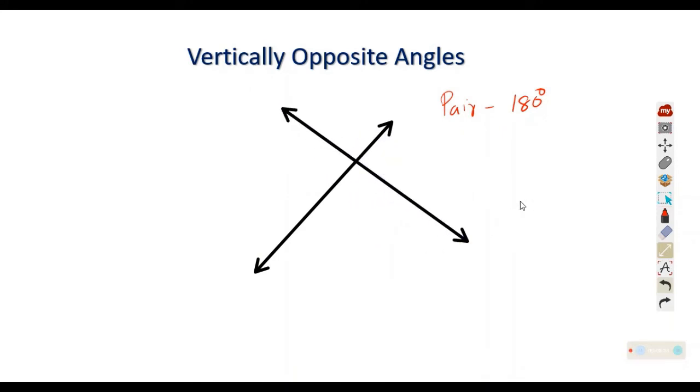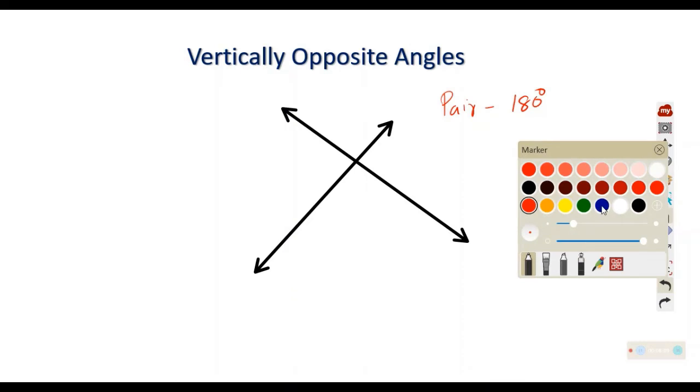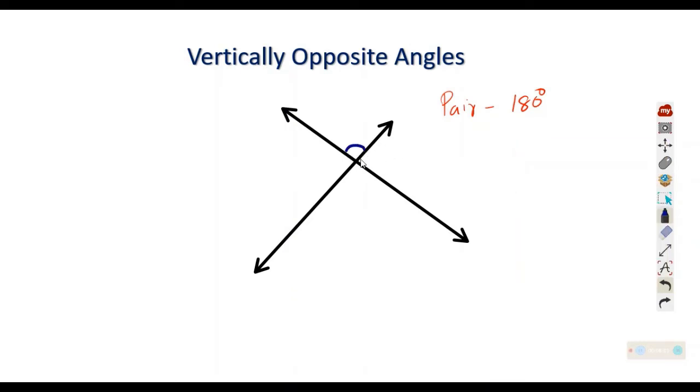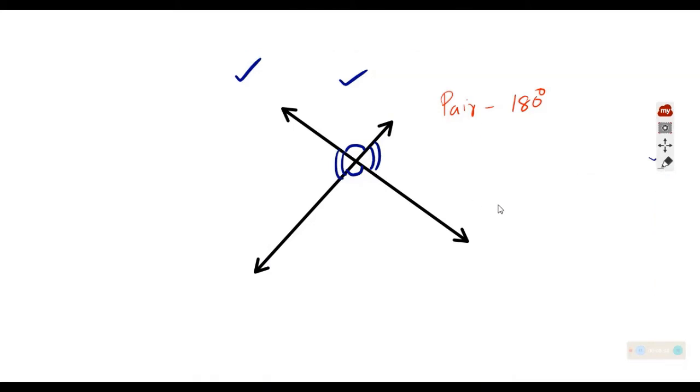So they intersect and make four angles, and opposite angles in this are congruent, equal to each other, and we named such angles as vertically opposite angles. Two pairs of vertically opposite angles are formed. So remember all these things, because I am repeating them as they are very important for future understanding of geometry.